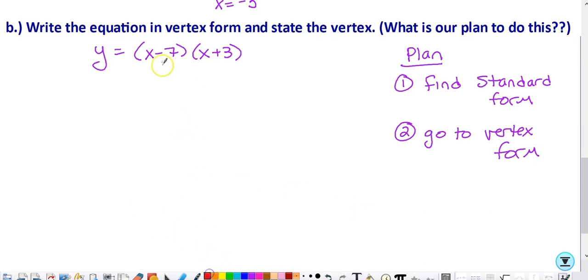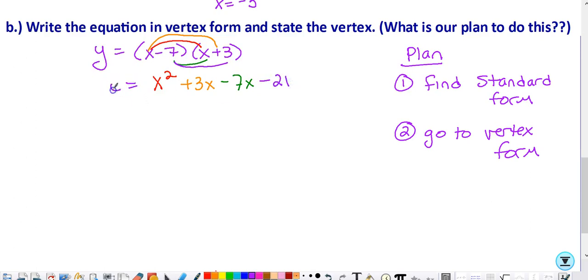All right, let's multiply. X times x, x times 3, negative 7 times x, negative 7 times 3. Don't forget your y. Combine our like terms. Okay, standard form. Now let's get vertex form.